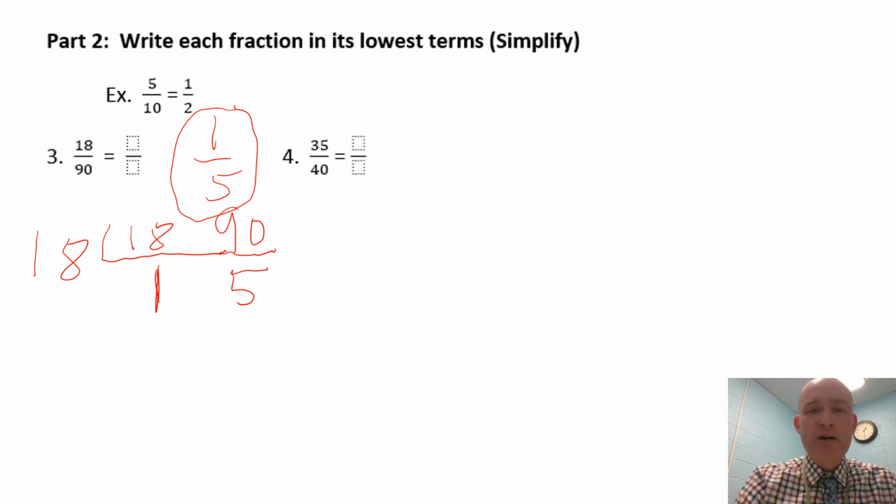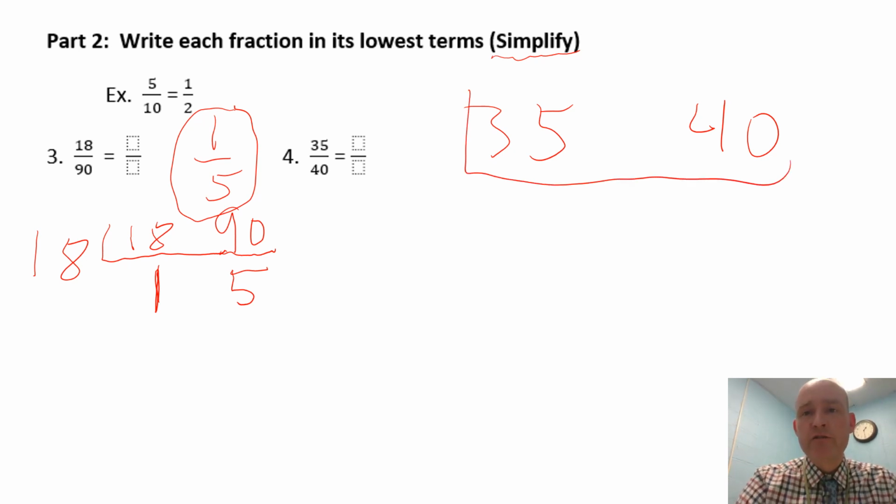Now, sometimes that's not always going to be the case. So let's look at 35 over 40. It's asking you to put in lowest terms, in other words, simplify, okay? So we're going to take 35 and 40 and we're going to factor. Well, remember our divisibility: a number ending in 5 or 0 can be divisible by 5, okay?